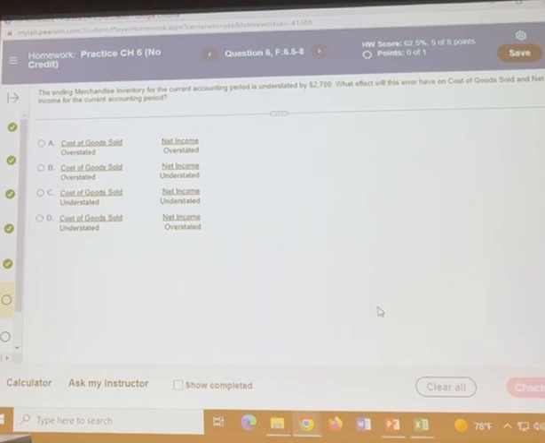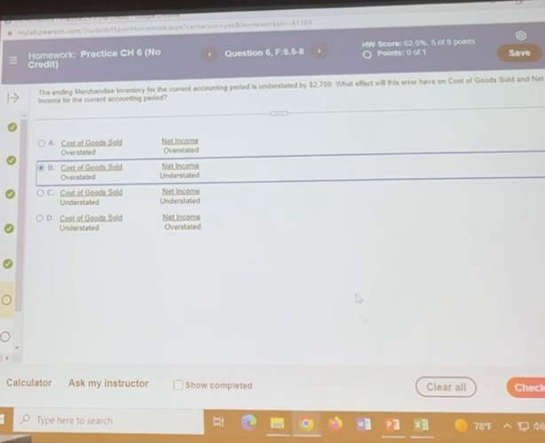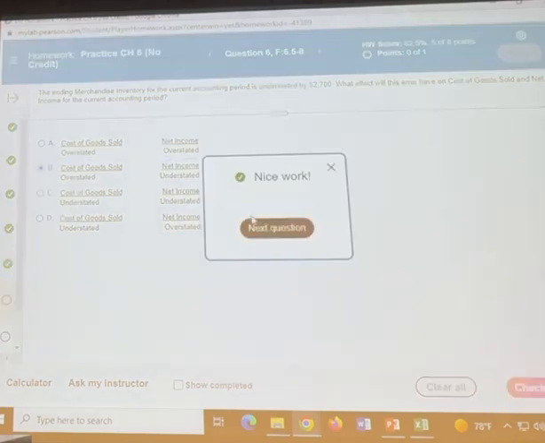B. Yes, I think that's right. Cost of goods sold will be overstated, therefore net income will be understated.